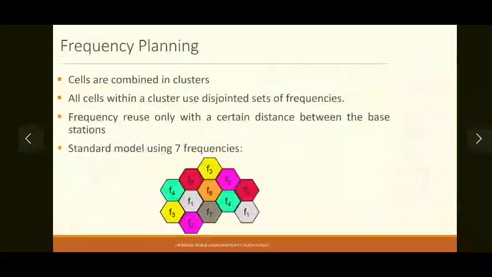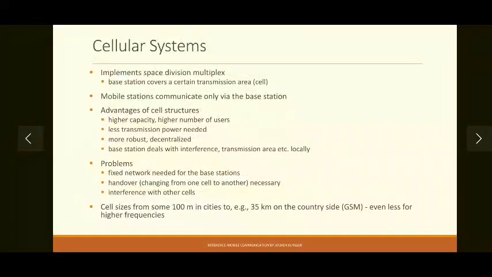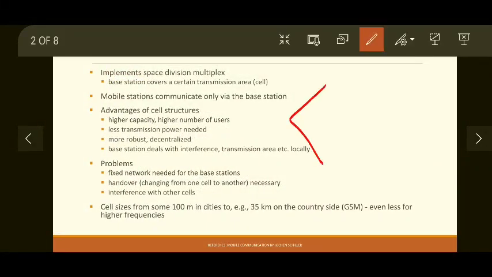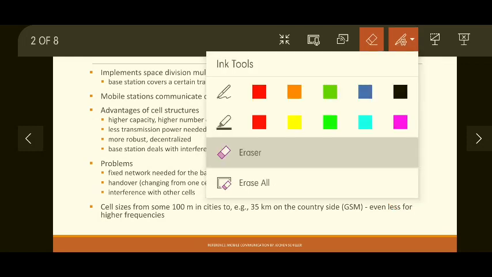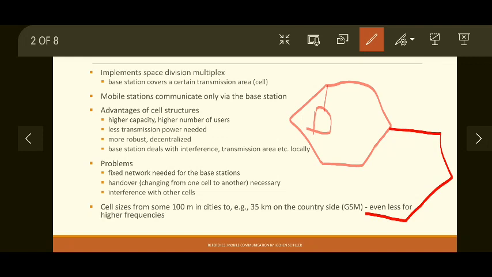Also another problem is that when a user moves from one cell to another cell like this, if a user is in this particular cell and moves on to the next cell of the same region, let's say Mumbai, from the western side to the eastern side, still in Mumbai, then different base stations will be involved in the communication.